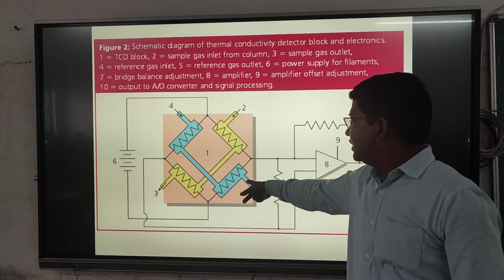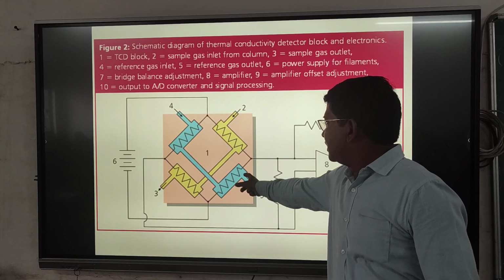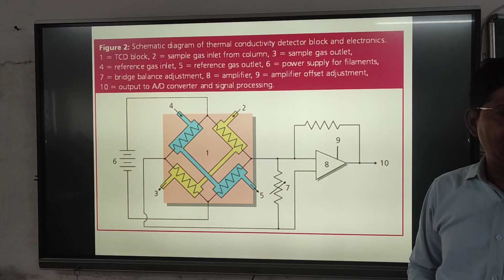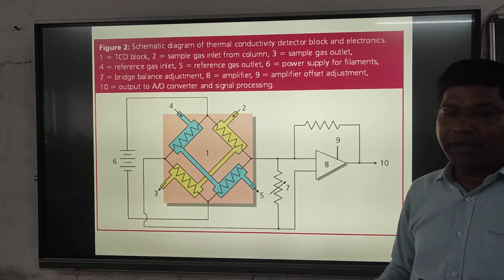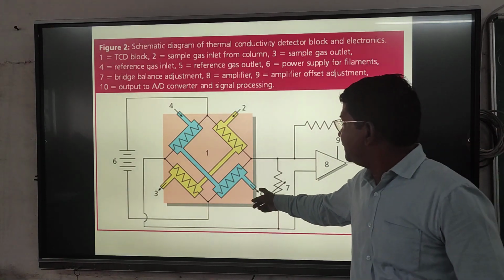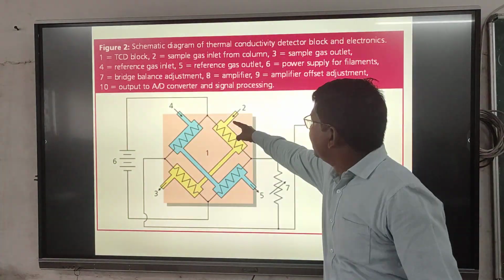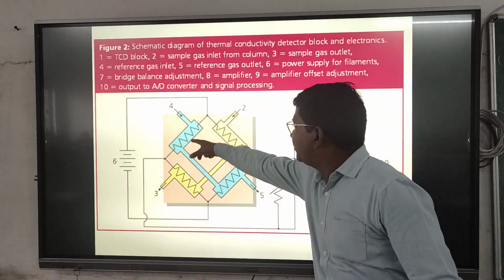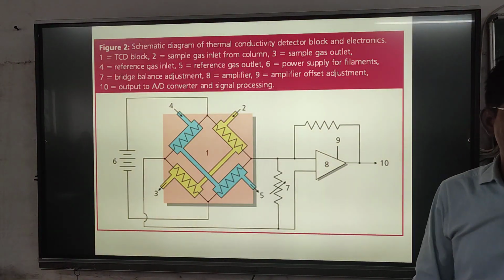Here the gaseous sample that is separated from your column comes in through 2 from here, and here you will put a reference gas.